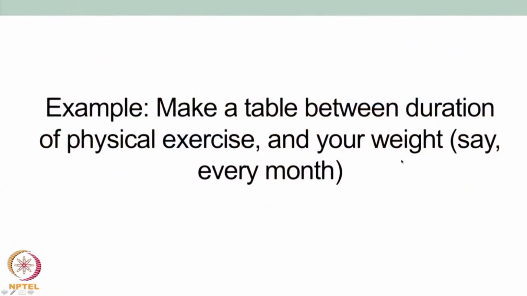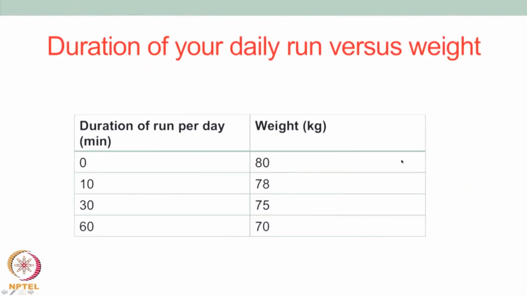If we can write down a table and express this in a quantitative way, we will learn many new things from this. So, what we want is to make a table between the duration of physical exercise and your weight, for example. This is an example. Let us say I made this table and I am going to start running from today.